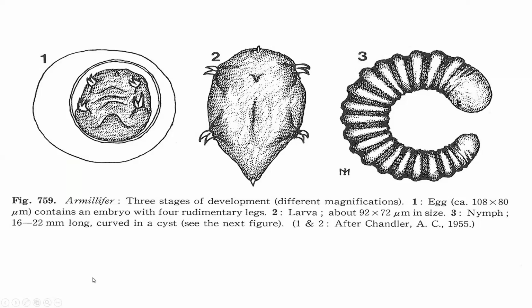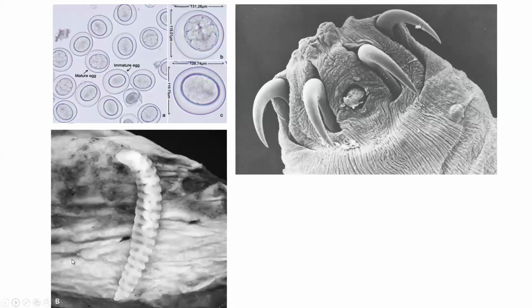And these are the stages of the parasite, the egg containing the embryo. Then there's a larva with these primitive leg-like appendages, and then the nymph. And it's the nymph which, in the natural host, is the infective form for the snake when it eats it.